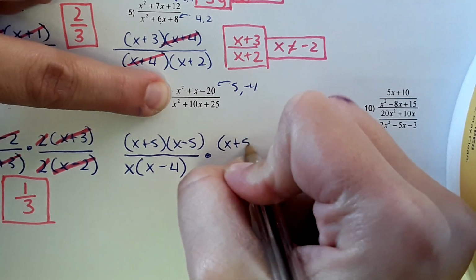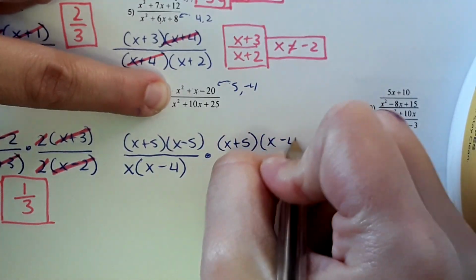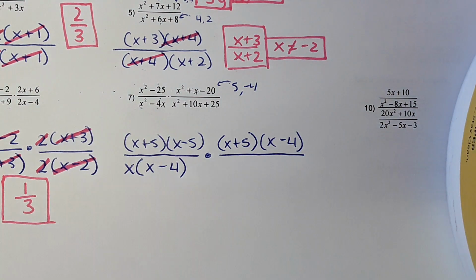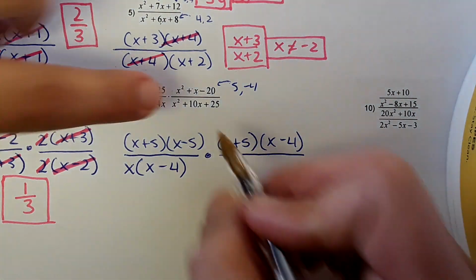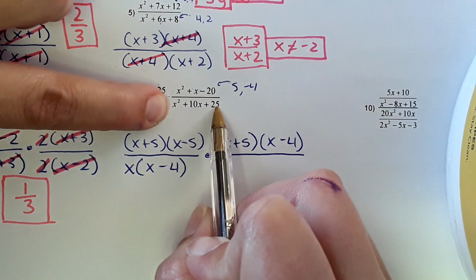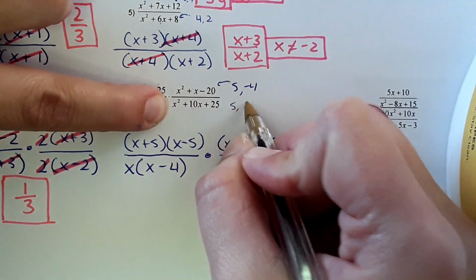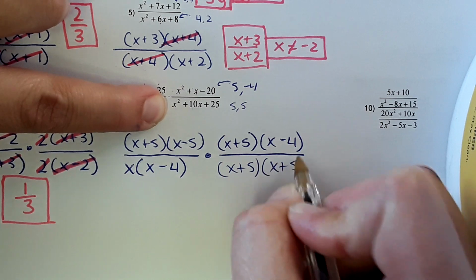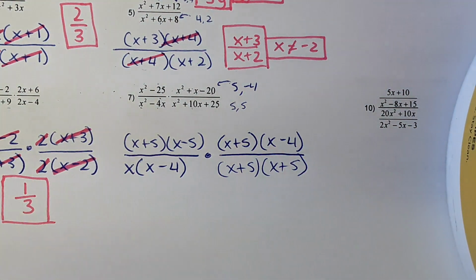So x plus 5, x minus 4. And then for the bottom, two numbers that multiply to 25 and add to 10 would be 5 and 5. And then we cancel stuff.